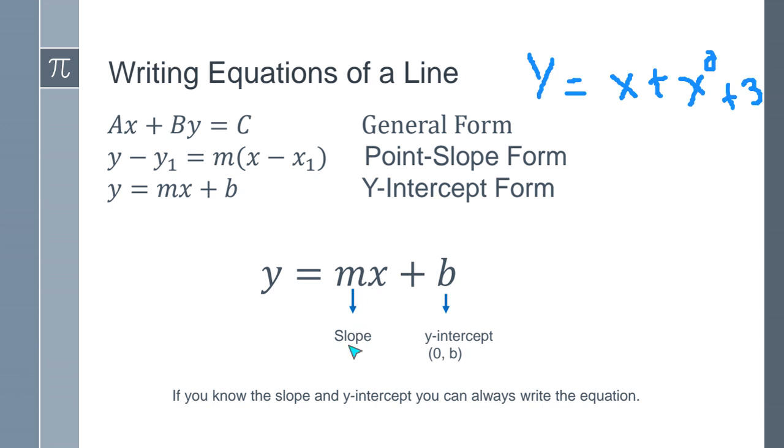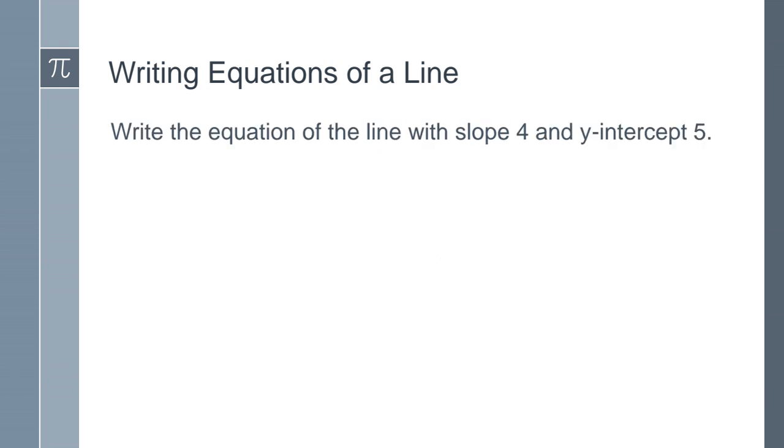Slope tells you how steep a line is going to be, okay? And b is going to be your y-intercept for that equation. But the line has to be in this form in order for you to identify the slope and the y-intercept. Now, if you know the slope and the y-intercept, then you can always write the equation. We'll do some examples here.